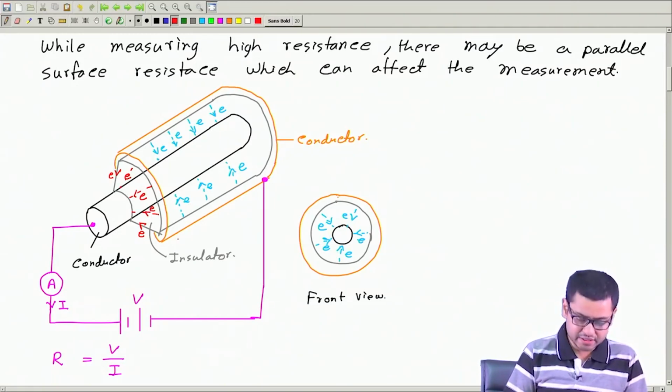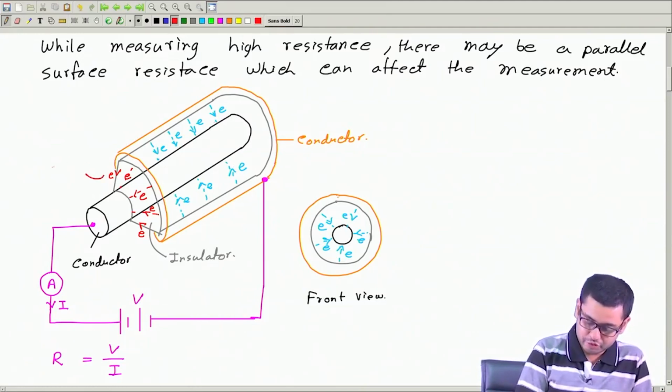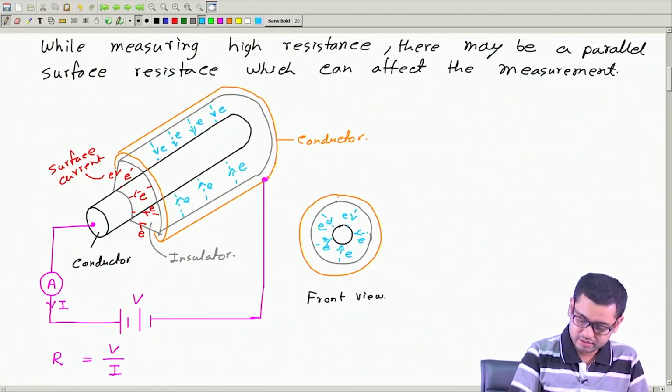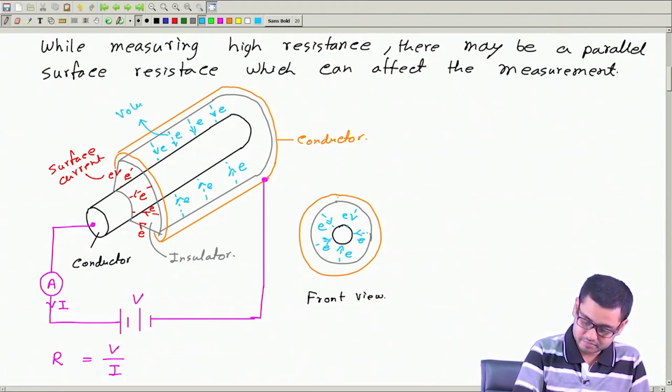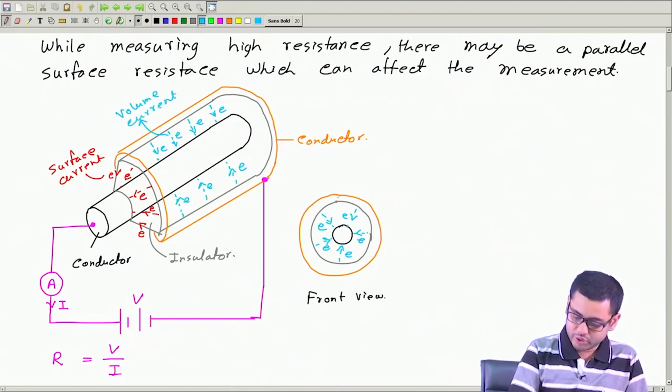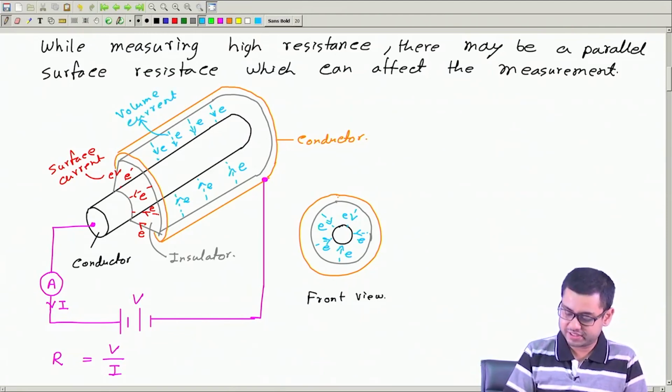And these electrons do not flow through the volume of the insulator. So, this is the surface current and this blue one is the volume current, and these two currents are flowing in parallel paths, right.